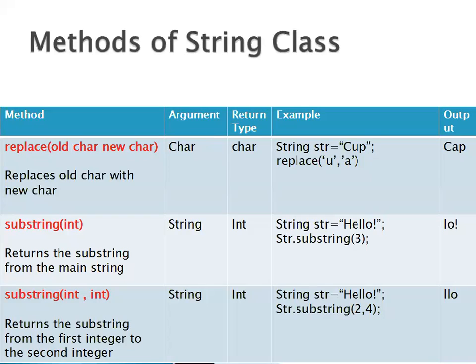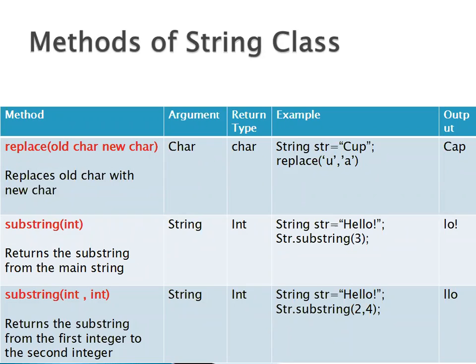So H is 0 and E is 1. L is 2. So it will start from this L, 2, 3. Only double L will come. LLO is written wrong over here. You write the output LL. Position 2 and position 3. So means excluding 4.